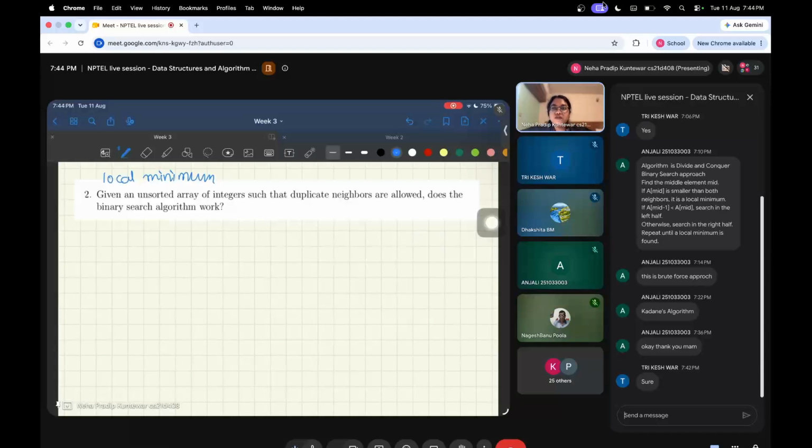So what does the intuition say? Should it work? Because we're not really making much of a change. The only condition we changed is that instead of saying that they are distinct, we are saying that they're not distinct anymore.